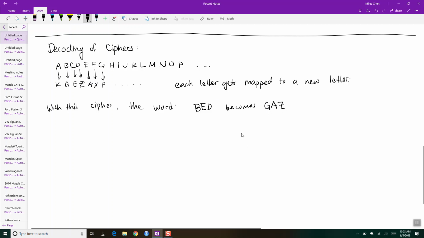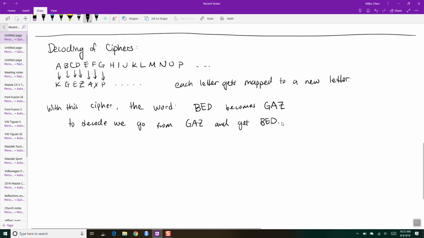All right, so the word bed becomes GAZ. And then to decode, somebody would need this part, and then they would transfer it back and get the original message. So to decode, we go from GAZ and get bed. And so you could pass messages to one another, and the person who encounters it will not know what you've written. And so that's the idea of a cipher.